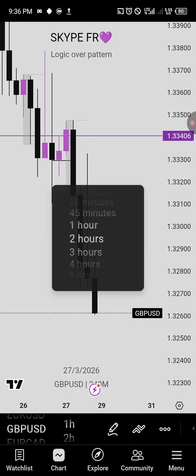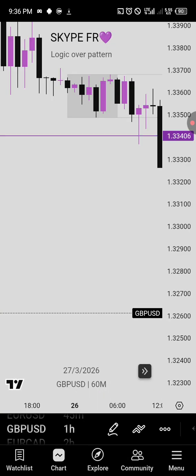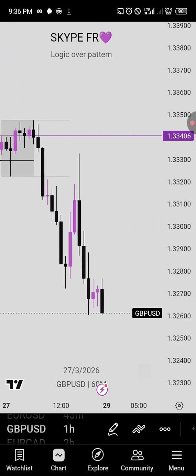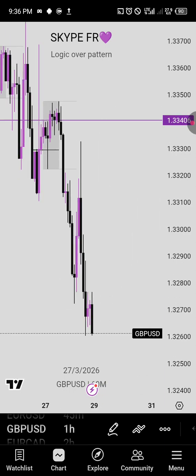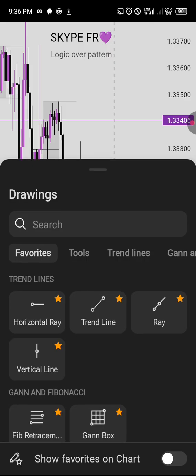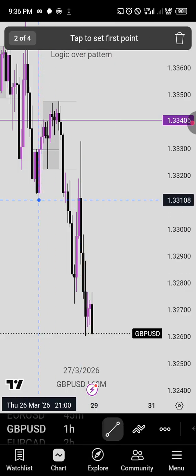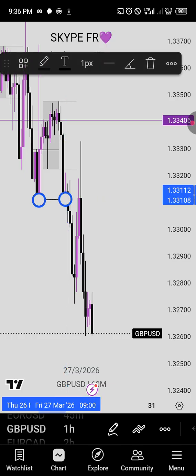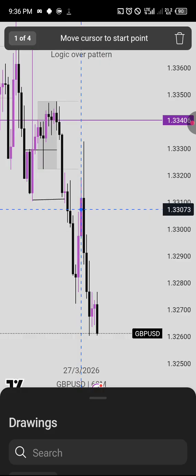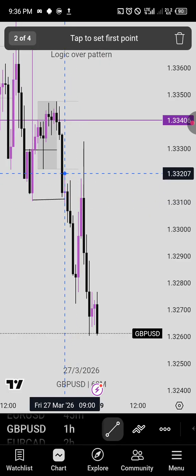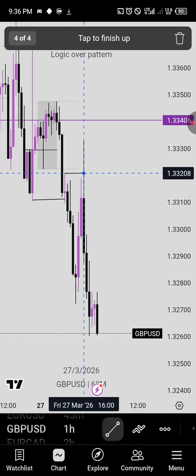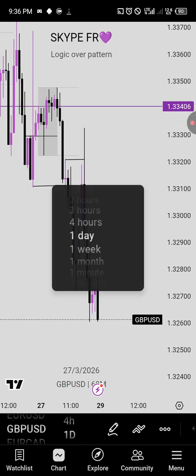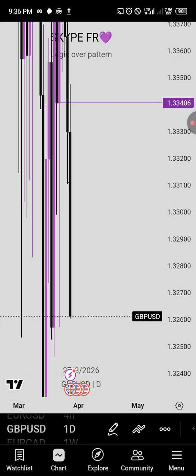Now I want to be looking at what the 1 hour has for us. Here on the 1 hour we have a breakout structure, and we have inducement here. First of all, this should be our target.